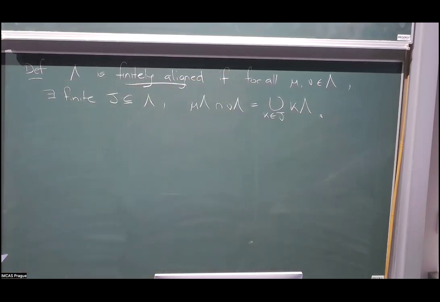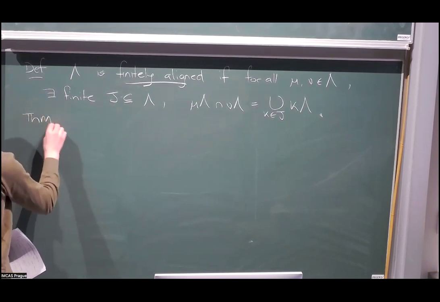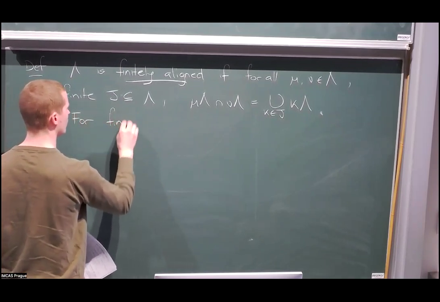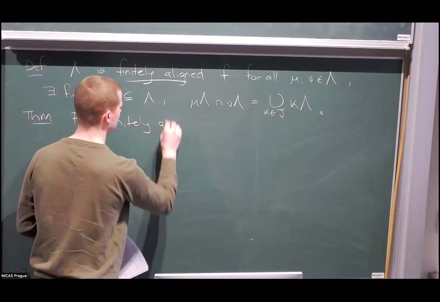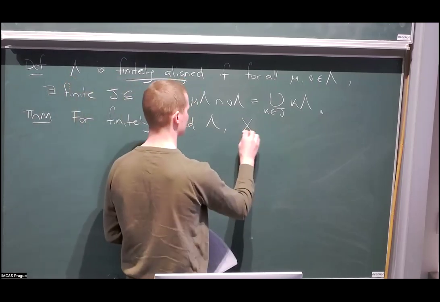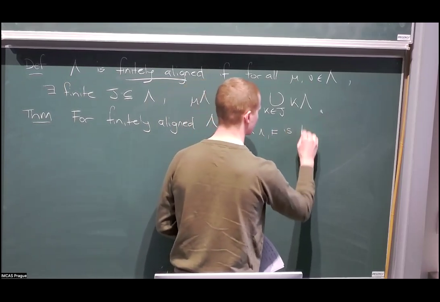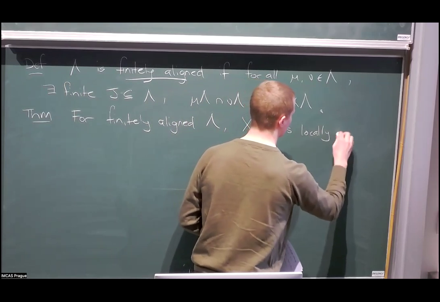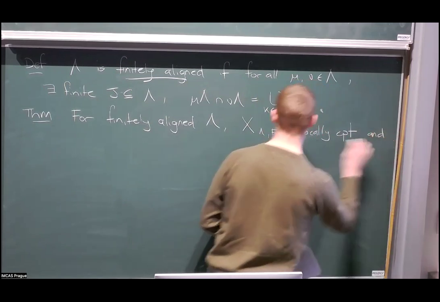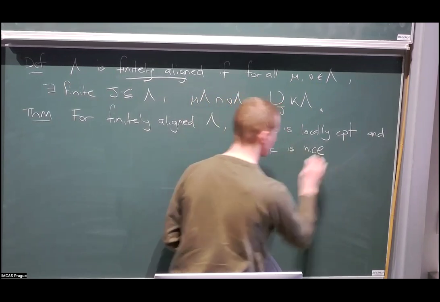So this finite alignment condition gives you a lot of control, and provided the graph is finitely aligned, the path space is locally compact and the groupoid is nice.